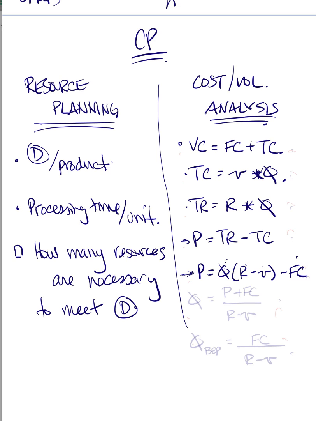If, however, the question is asking you to determine the quantity based upon the profit that you're trying to meet, then you would want to use this one, which is the quantity equals the profit plus the fixed cost over revenue minus variable costs.